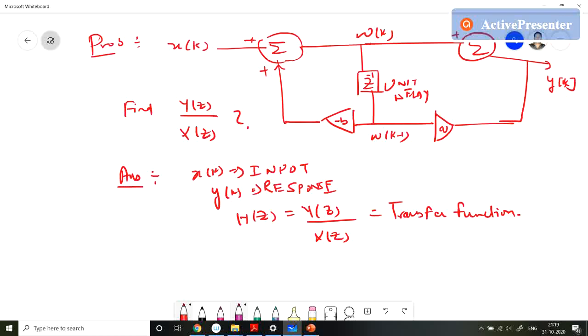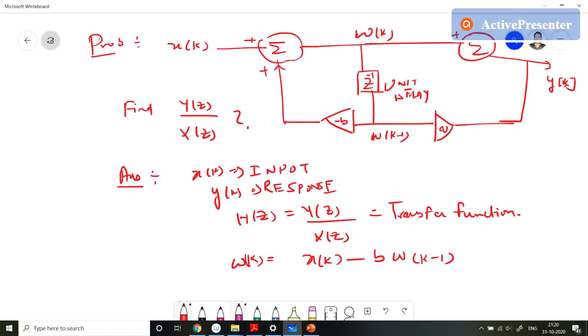So what we can see is that w(k) is equal to x(k) minus b times w(k minus 1). This is w(k minus 1), and this is w(k). After applying the delay, we get w(k minus 1), then multiplication with minus b.